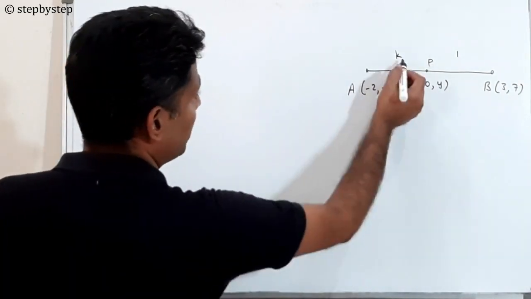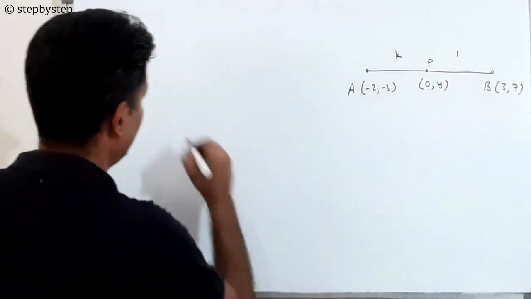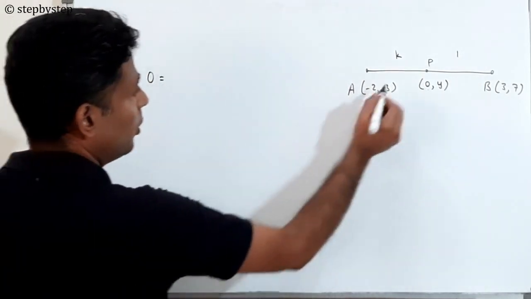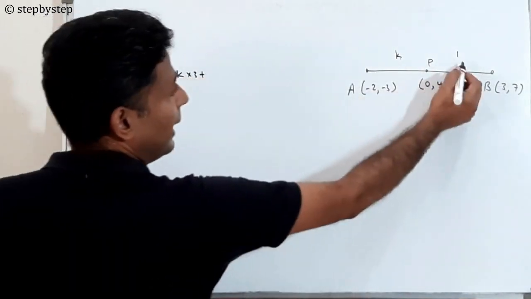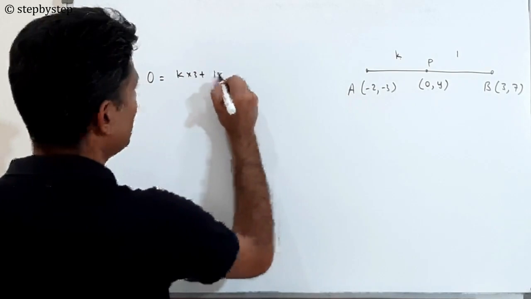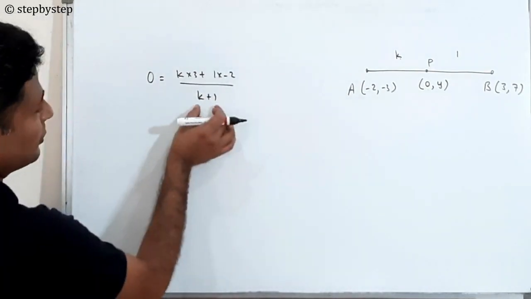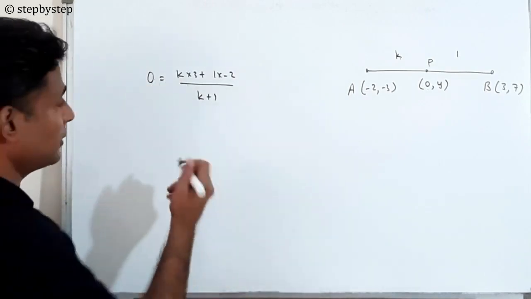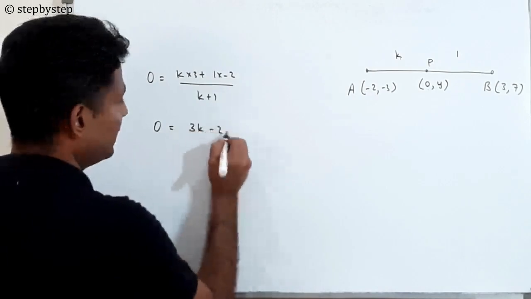Now applying section formula, since we know x coordinate as 0, we will use x coordinate. So x coordinate equal to (mx2 plus nx1) by (m plus n), that is k into 3 plus 1 into minus 2 by k plus 1. Now when I transpose k plus 1 this side, it becomes 0 into k plus 1, anything into 0 is 0. So we get 3k minus 2.